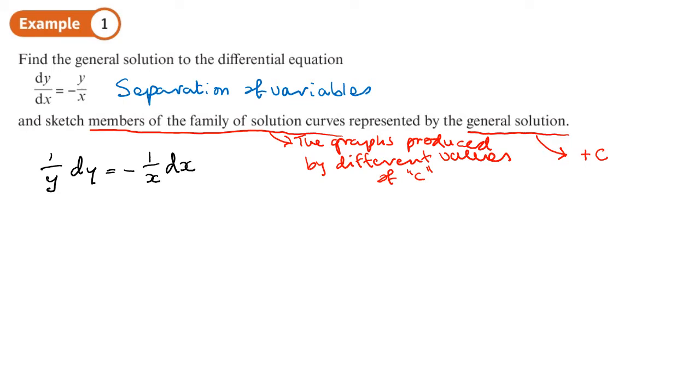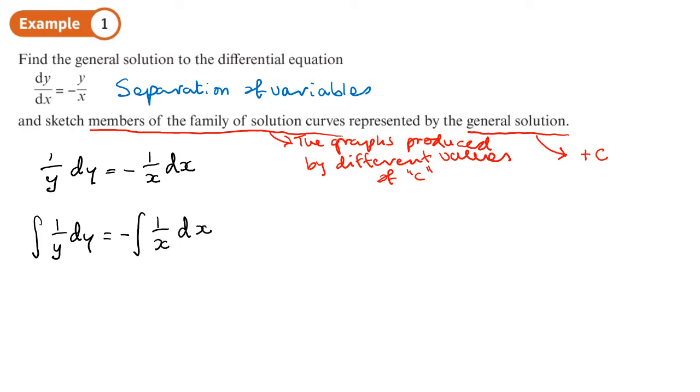Now we could keep the negative over this side, or we can move it over that side. It doesn't really matter too much. Now I'm going to integrate both sides. So integrate 1 over y dy with respect to y. The other side I'll move the minus over to the other side of the integral sign.